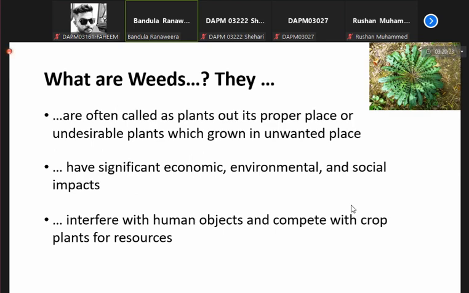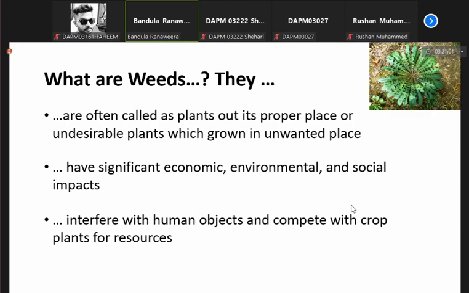As I mentioned earlier, maybe even a crop plant that is grown without our willingness in a cropping field, if a chili plant is grown in a paddy field and disturbing the paddy cultivation, it has to be removed.